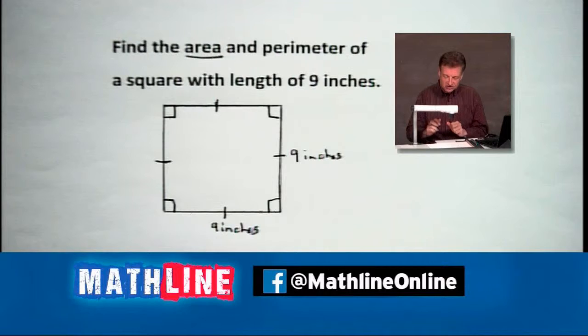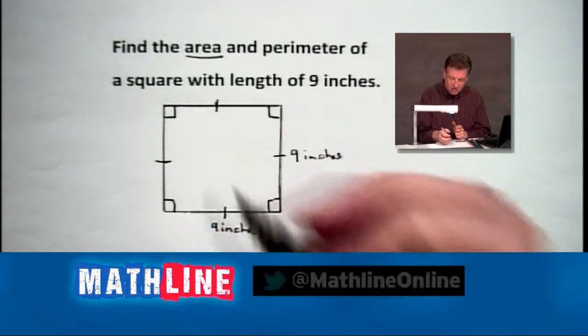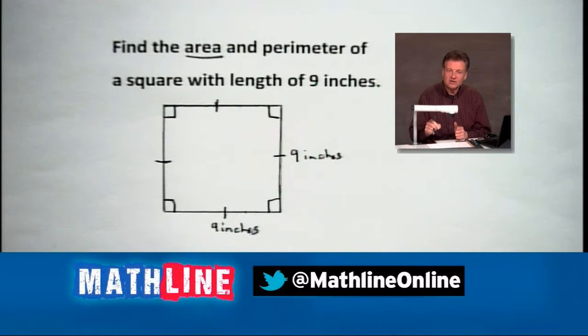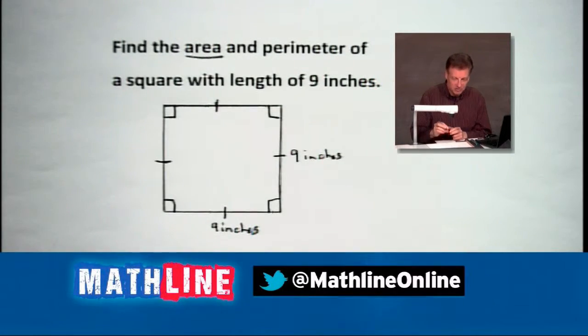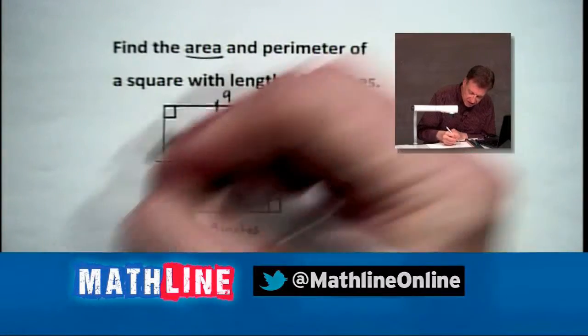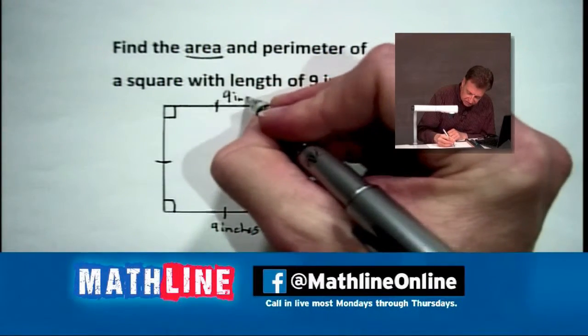Not all rectangles have equal sides. So again, squares, yes, they are rectangles, but are all rectangles squares? Phew, boy, it gets confusing, doesn't it? Not necessarily. You've got to have all the same length. All right, we good? So anyway, we're going to deal with all being 9 inches here.